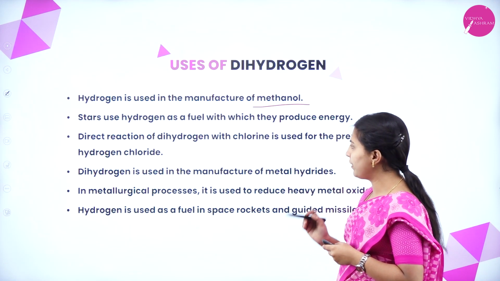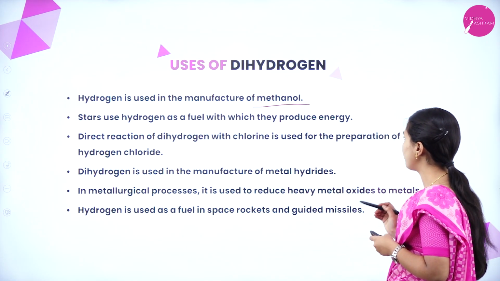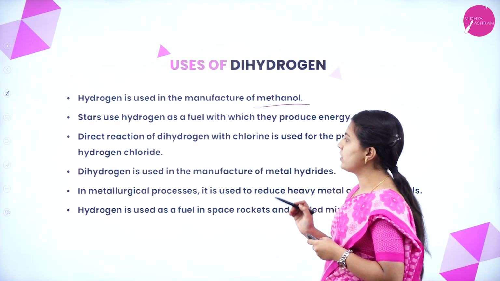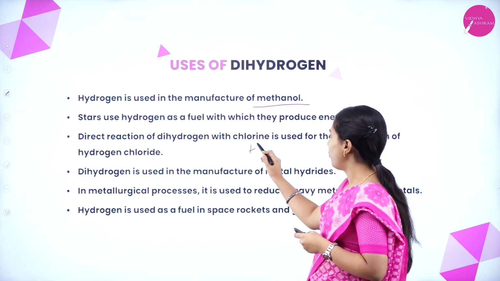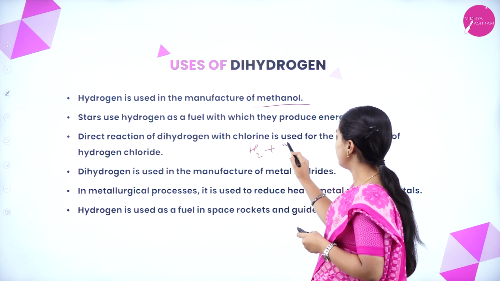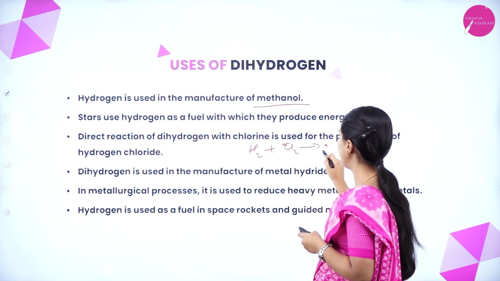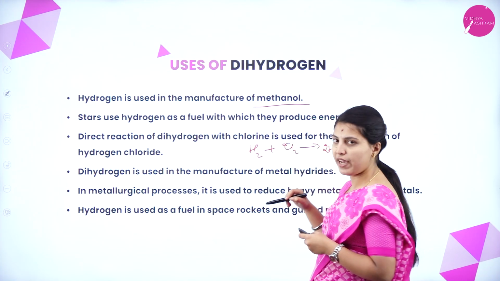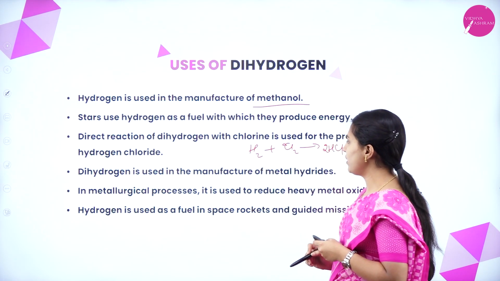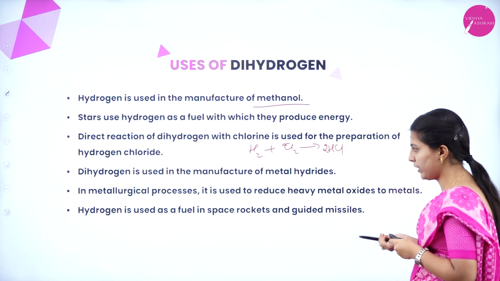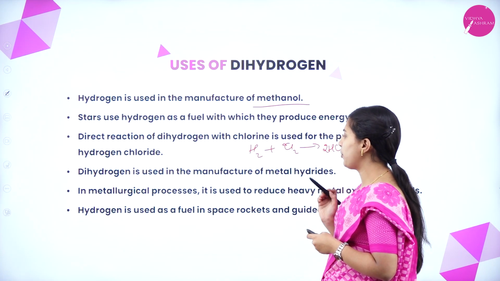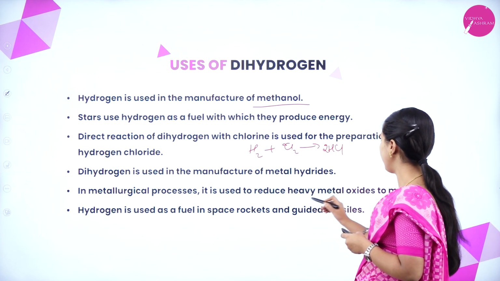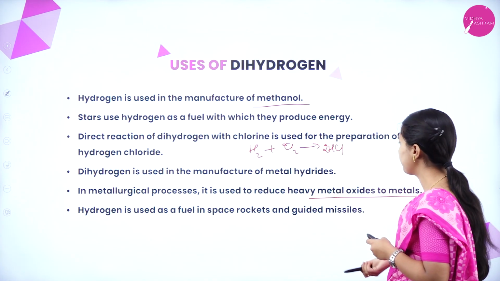Direct reaction of dihydrogen with chlorine is used for the preparation of hydrogen chloride. H2 plus Cl2 will form 2HCl. This reaction also we have seen. Dihydrogen is used in the manufacture of metal hydrides. In metallurgical processes, it is used to reduce heavy metal oxides to metals.